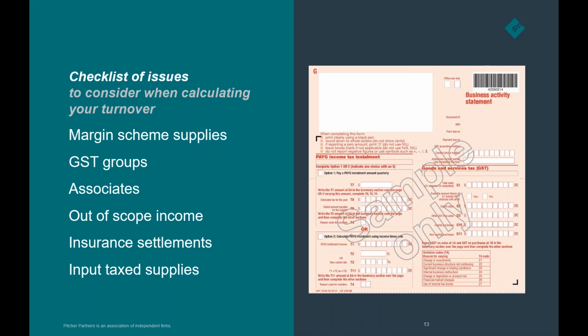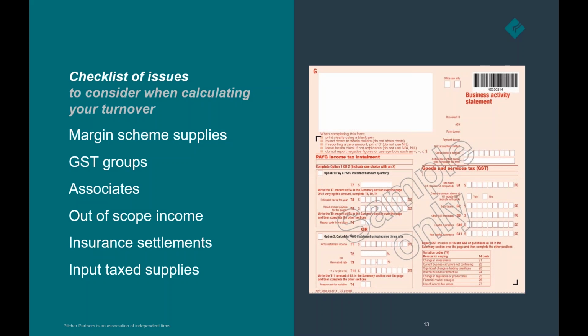GST groups we've already mentioned, but just to emphasize that, the rules require each member of the GST group to look at their turnover on an individual basis, not on a GST group basis, which means that despite the fact the BAS will have ignored any supplies being made between the members of the group, those transactions effectively need to be accounted for in the turnover calculation.